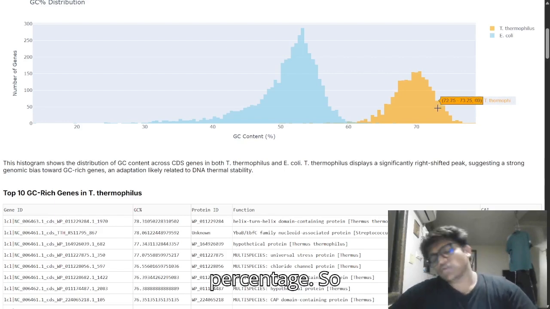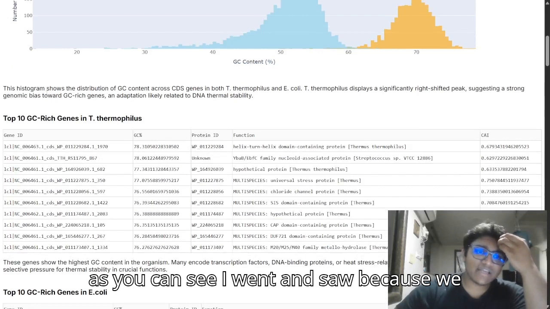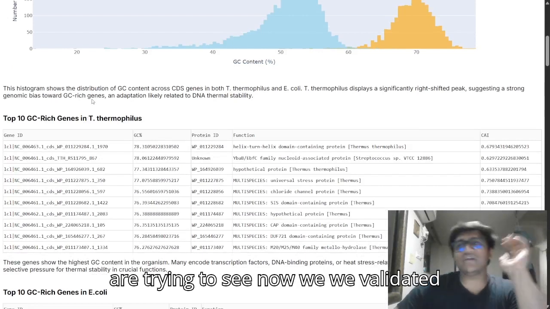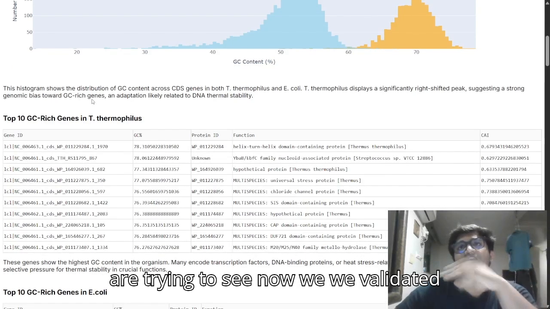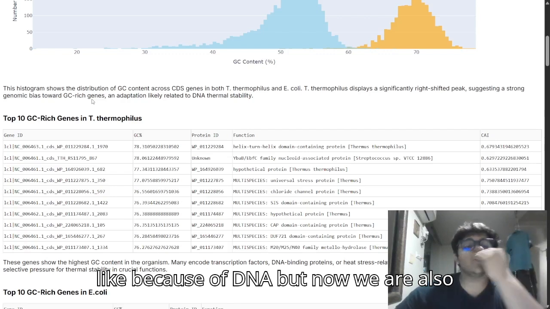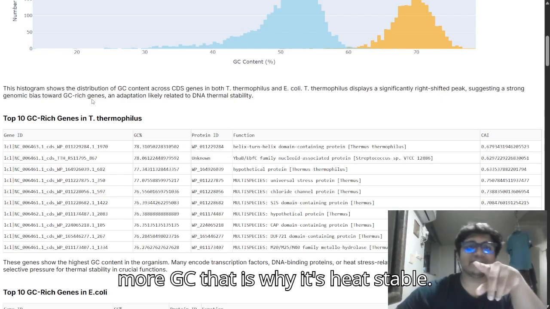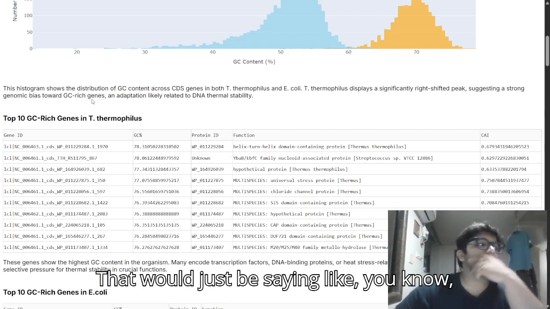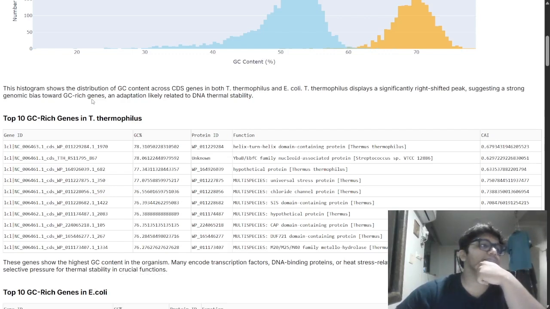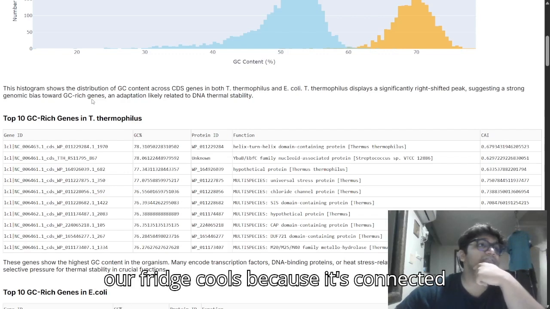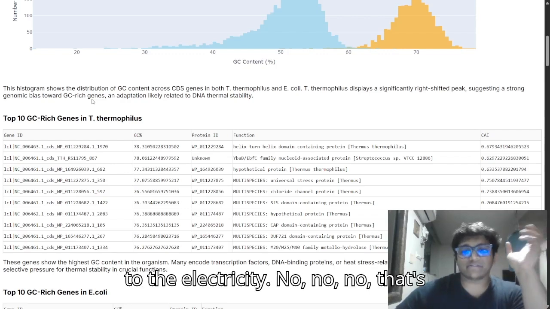percentage? So as you can see, I went and looked, because we are trying to see now, we validated because of DNA, but we cannot just say that because the DNA has more GC, that is why it's heat stable. That would be like saying our fridge cools because it's connected to the electricity.